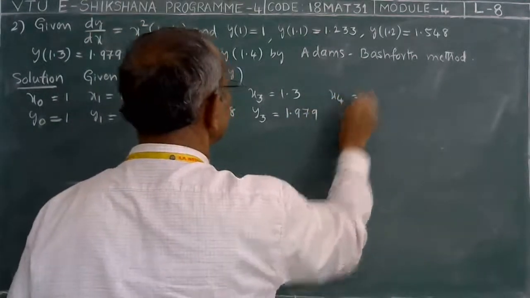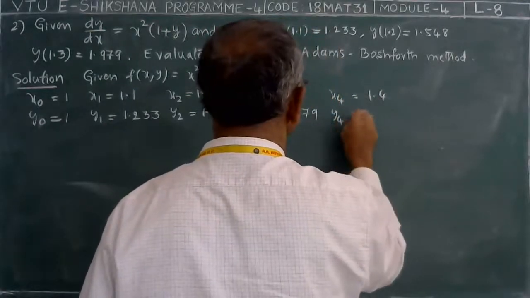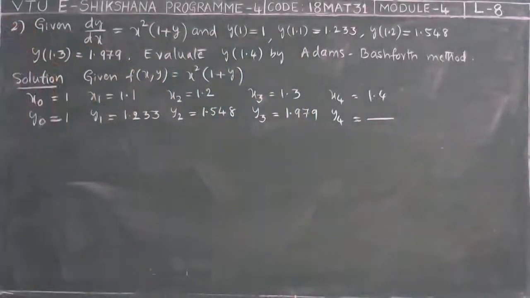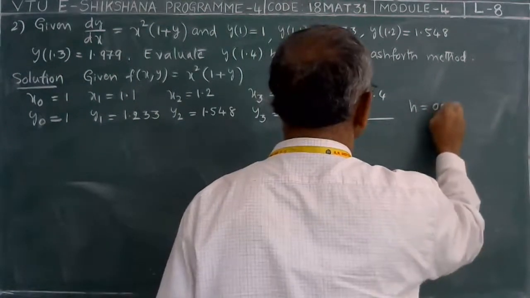Then next value of x is 1.4. So we have to find this value of y at x is equal to 1.4. So I can easily see that h is 0.1.